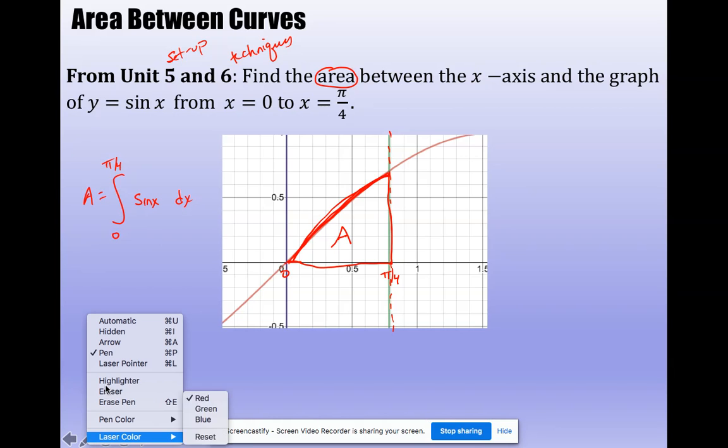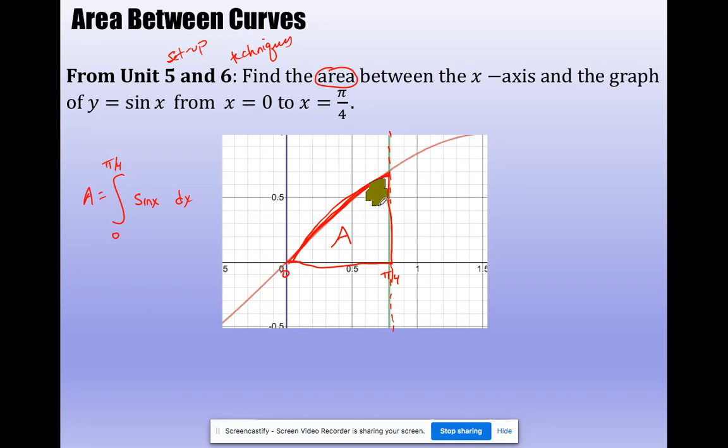Well, look at how I've phrased it now. Between the x-axis and the graph of, from start to stop. So we've always kind of glossed over the fact that this equation, y is equal to sine x, is the first equation. We really do have a second equation.